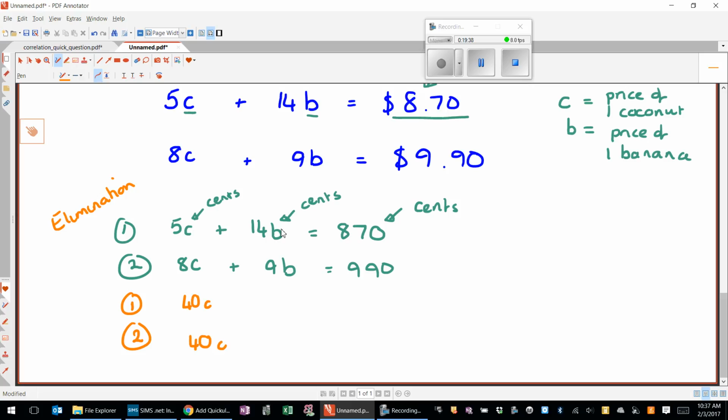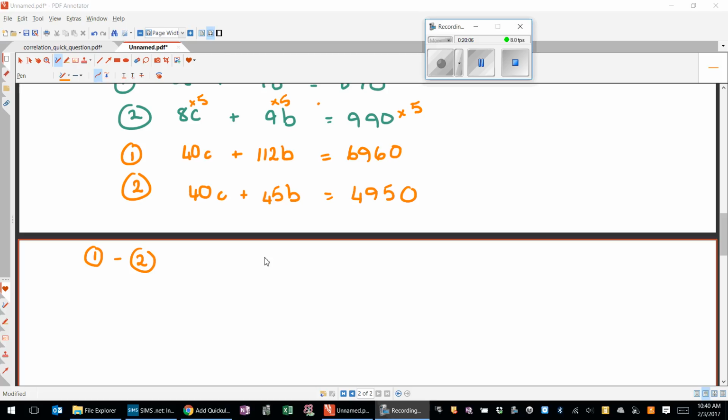Okay, so what do we need to do to this line to get it to be 40? Times by 8. Times by 8. So we have to do 14 times 8. And we have to do 870 times 8. So if you've got your calculators, you can do that. So 112 minus 45, 67, you think?